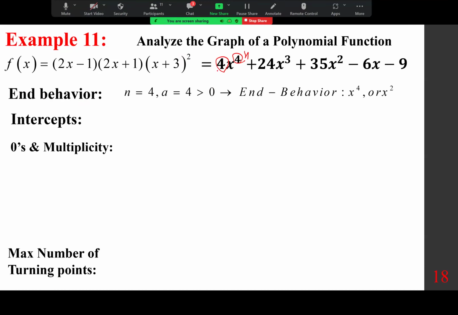And because this is even, it looks like x to the power of 4. And of course, we are familiar with x squared, which right away means, just for the sake of argument, this. That's the end behavior. All right.